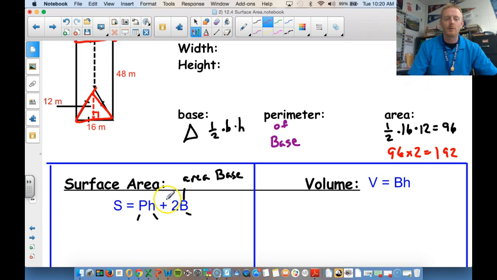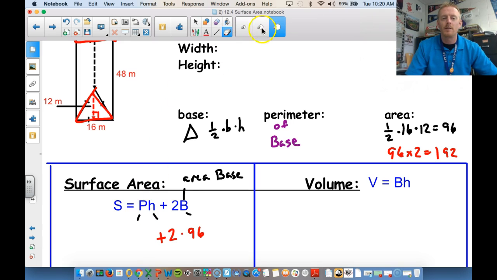So into the formula we could have 2 times the 96 so far, and then we just have to find the perimeter of the base, because the capital P is the perimeter of the base. Now, one of the things that we were missing in class today, and this is my fault, is I didn't see that this was an equilateral triangle, which means from here to here is 16 and from here to here is 16.